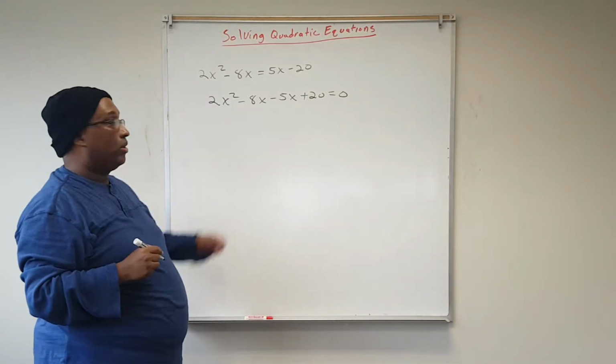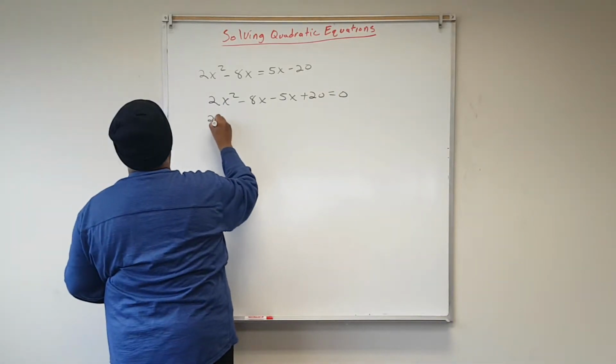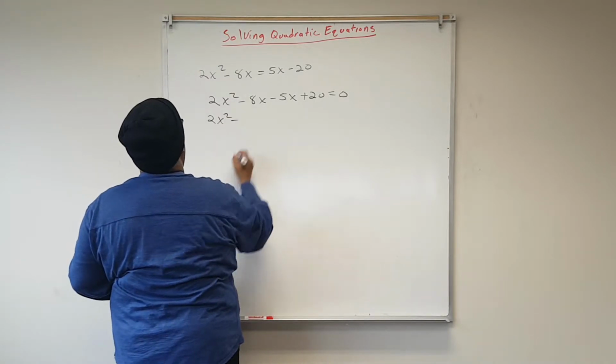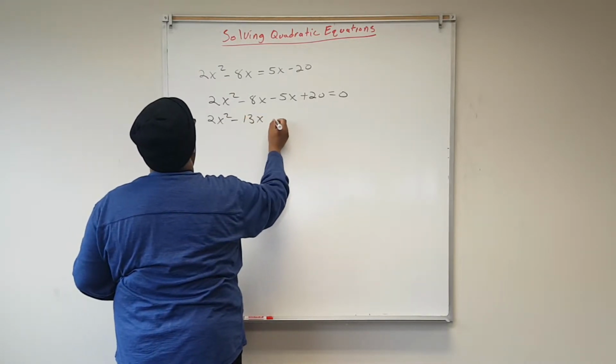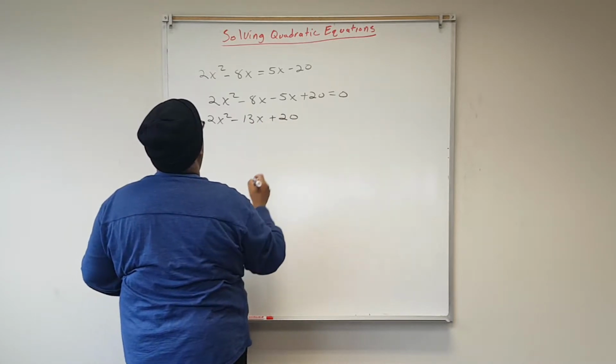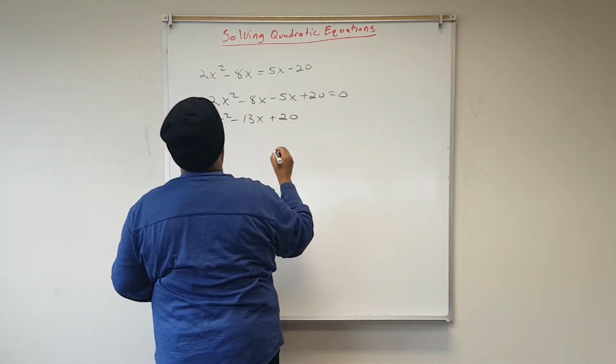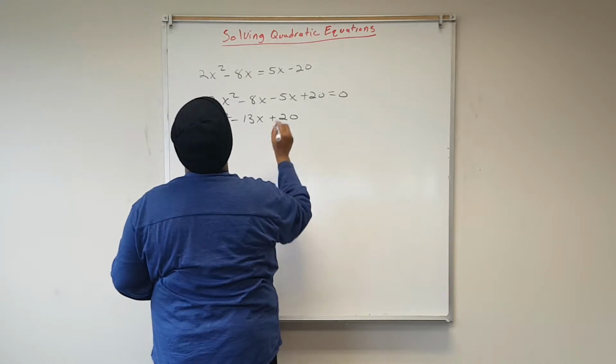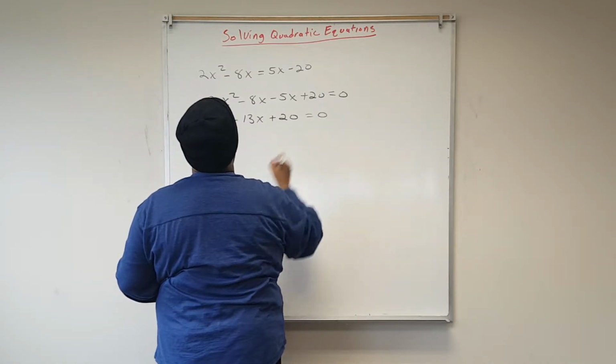Now, combining like terms, we get 2x squared minus 13x plus 20 equals 0.